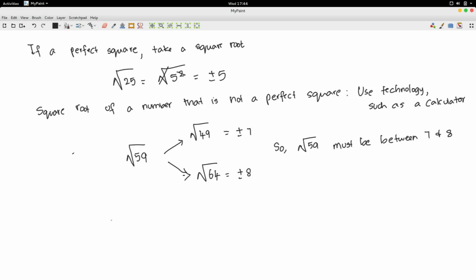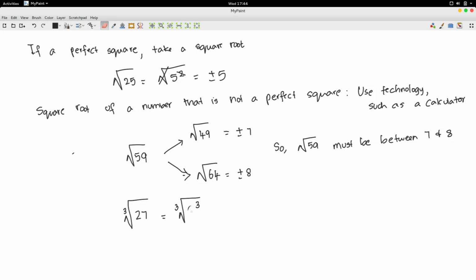Just like taking the square root, you could also take a cube root. The cube root of a number is written with a 3 there, followed by a root. Suppose we have a perfect cube, which is 27. You will have cube root of 9 cube. Excuse me, it's not 9 cube. I'm getting ahead of myself.